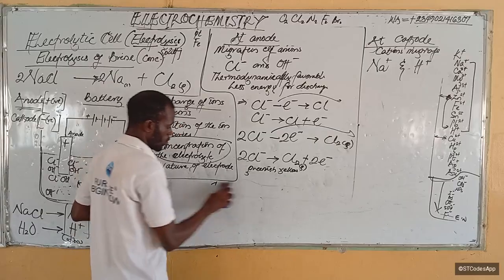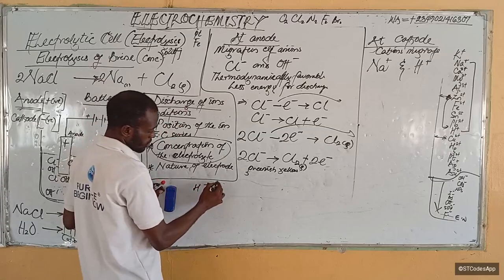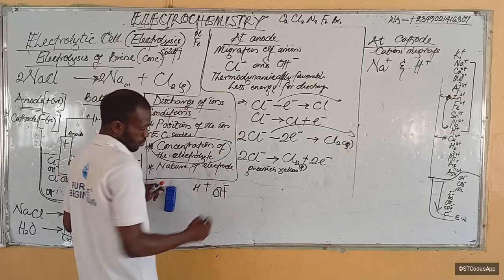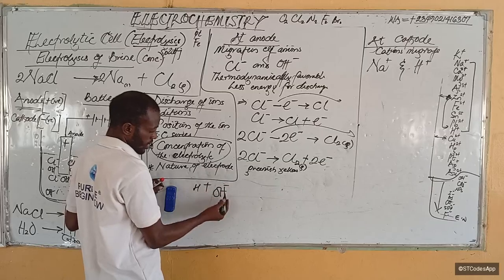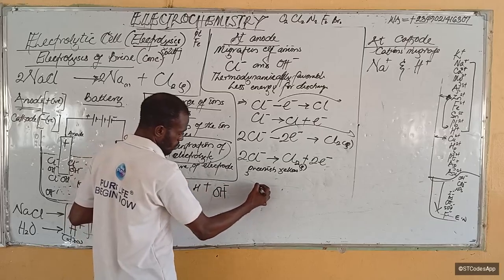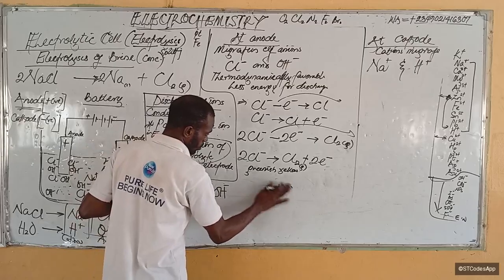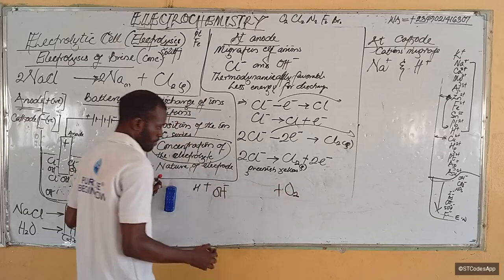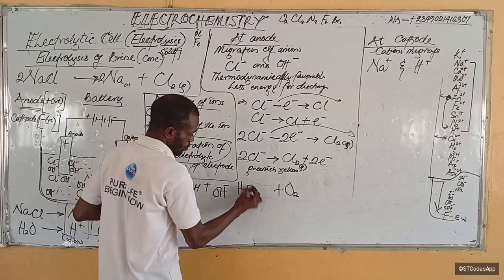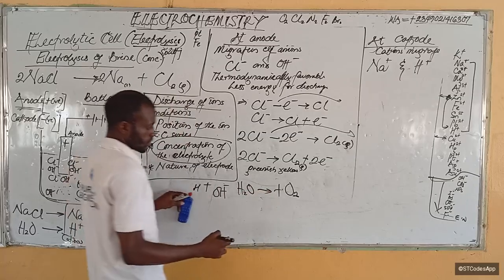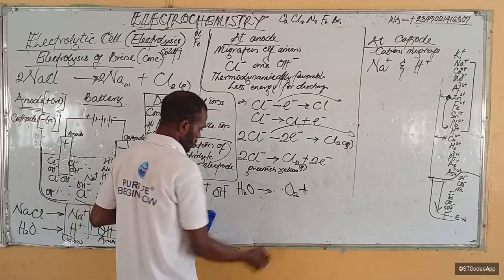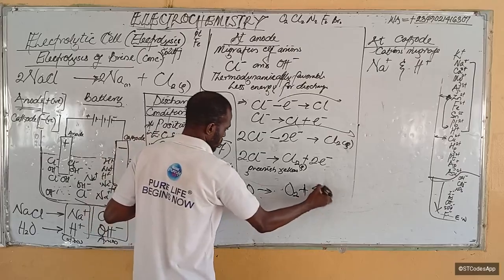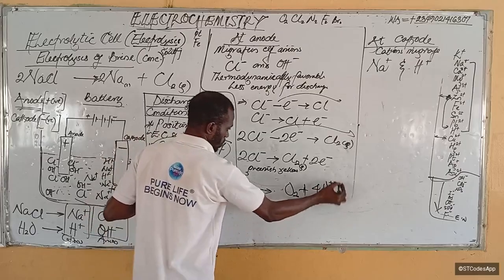In water, we have H plus and OH minus. So we want to discharge oxygen. So this guy is going to form oxygen, O2. So H2O is forming oxygen and 4H plus.